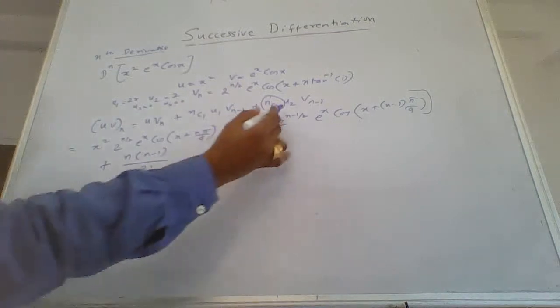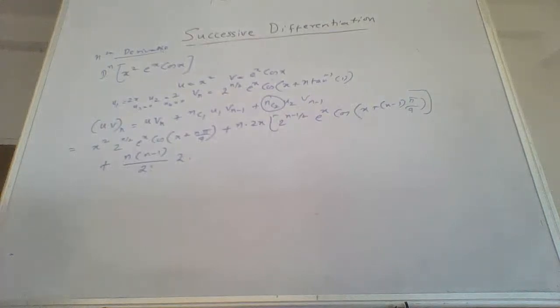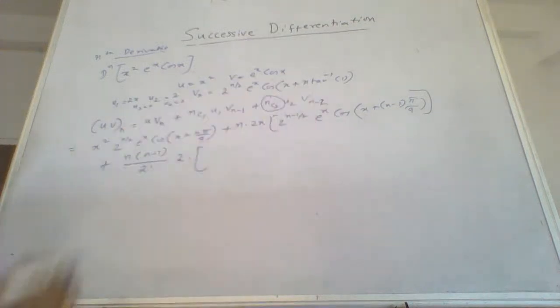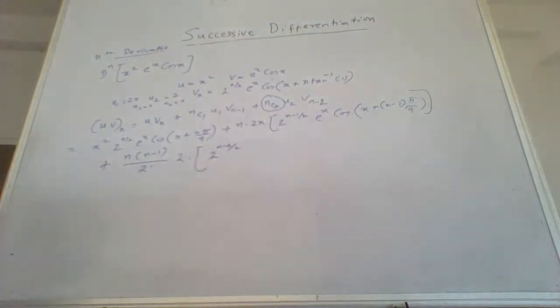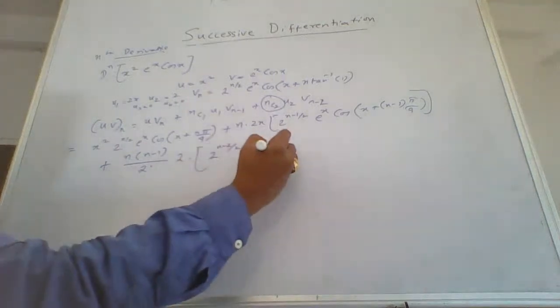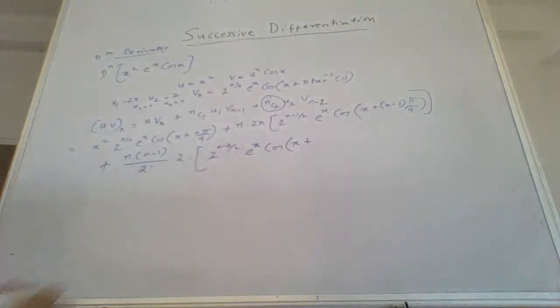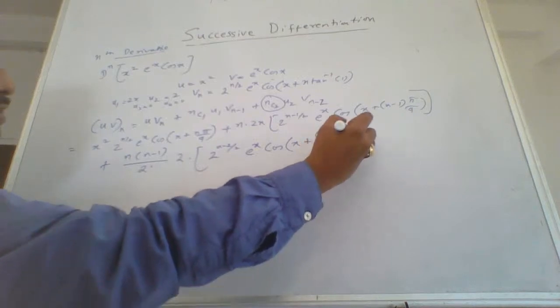Now u2 is 2 into 2 to the power of n minus 2 divided by 2, into e to the power of x cos of x plus n minus 2 into pi by 4.